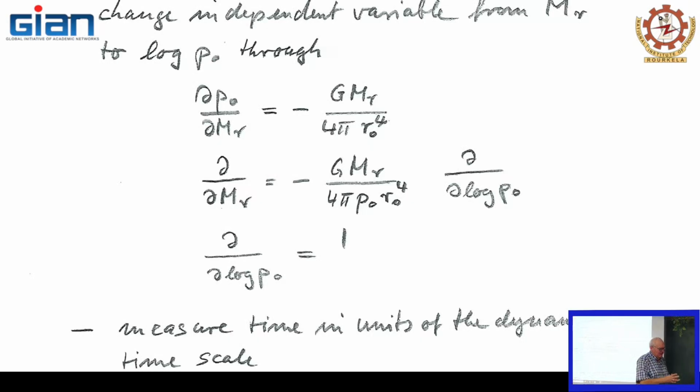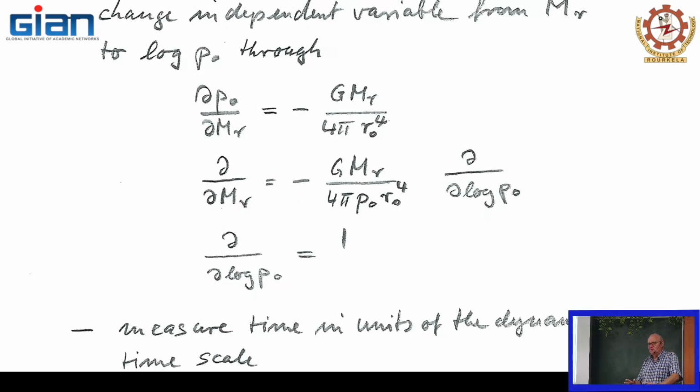Well, how shall we make the time coordinate dimensionless? One plausible way to get dimensionless time units would be to measure the time in units of the dynamical time, because we expect the pulsations to operate on the dynamical time scale.